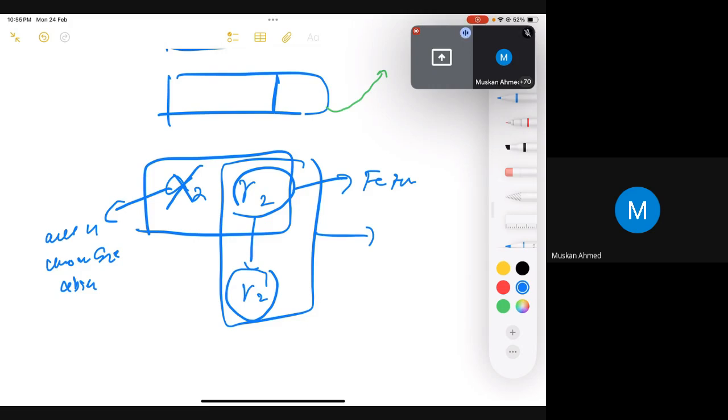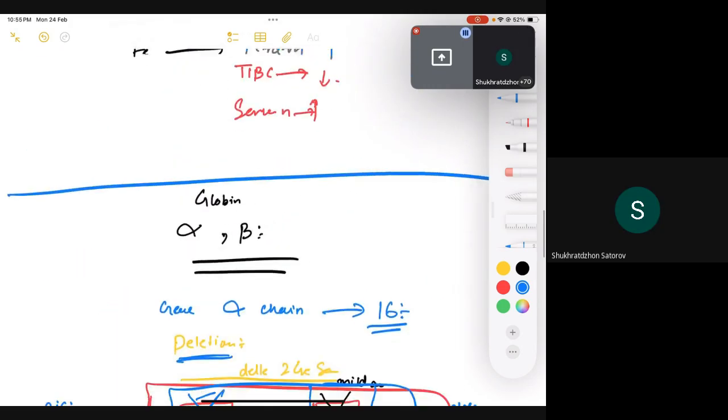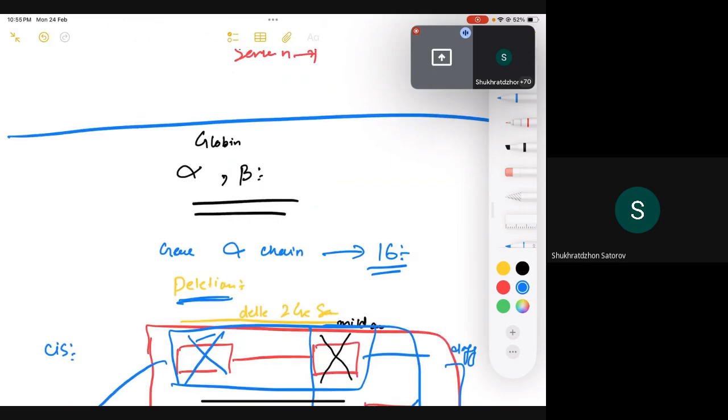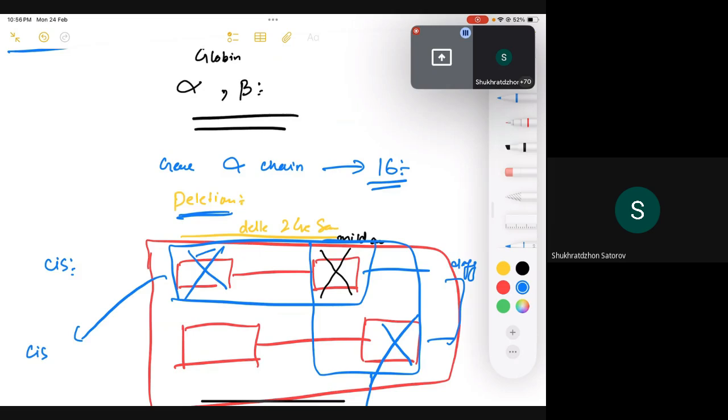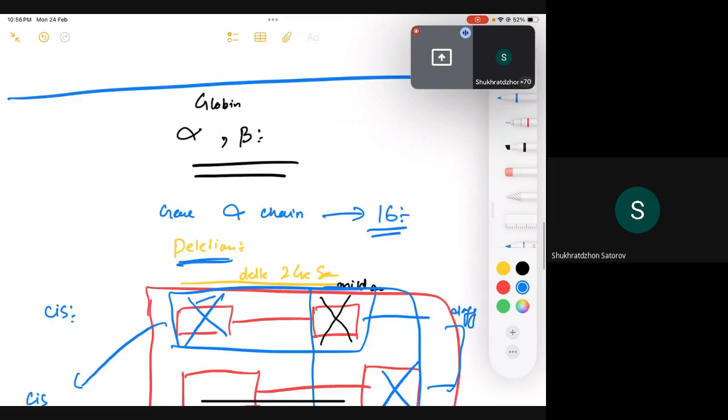Perfect. Okay, let me just give you an overview of the globin chains, alpha and beta. We are discussing the globin chains. Globin basically has 2 chains, alpha and beta. What was the word thalassemia used for? Defect in the globin chains. If we have a defect in the globin chain, that is simply known as thalassemia.